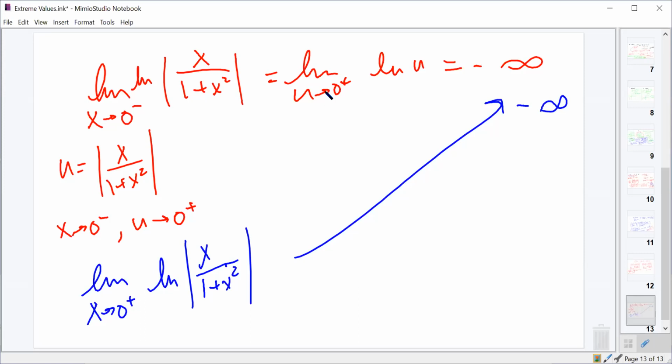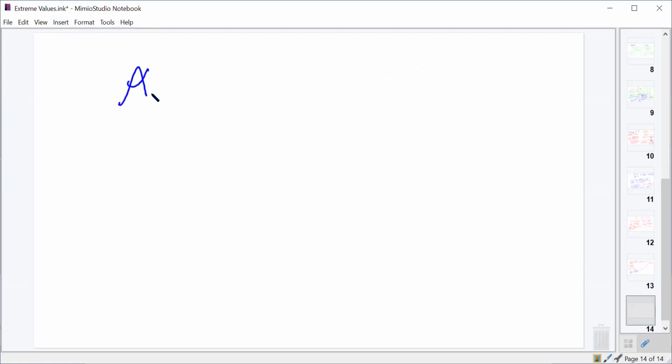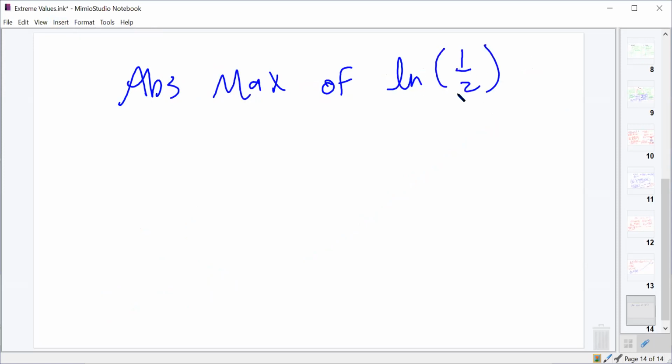And both to the left of 1 and to the right of 1, it's falling to negative infinity as well. And so what does that tell us? It tells us that we have an absolute max of the natural log of a half, and it occurs at x equals positive and negative 1. Good or no?